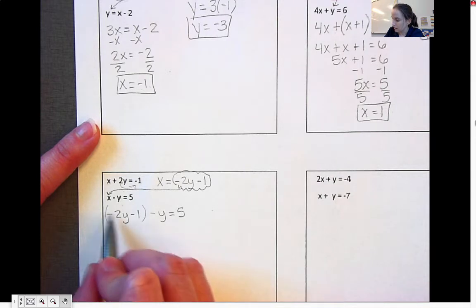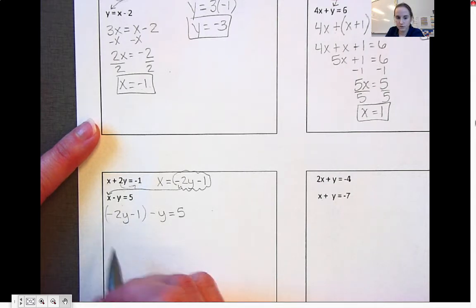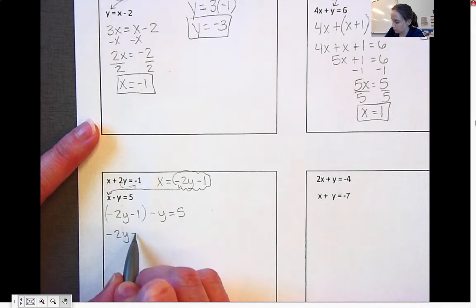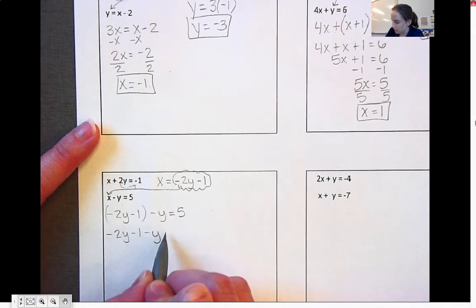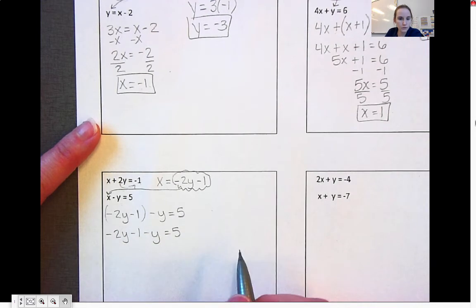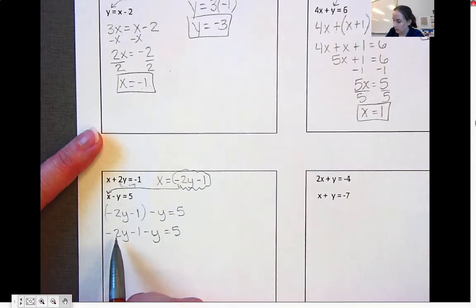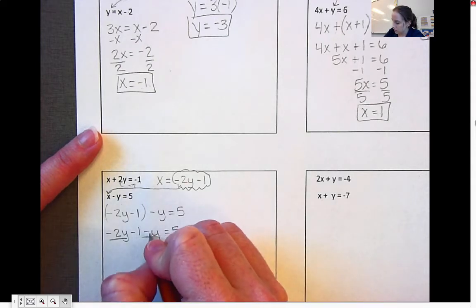Again, I don't need to distribute any negatives because there was nothing on the outside of x, so I have negative 2y minus 1 minus y equals 5. Be very careful with any negatives when you plug things in. Make sure you plug in correctly. I've got a negative 2 here and a minus y. Negative 2, that's understood to be back here.